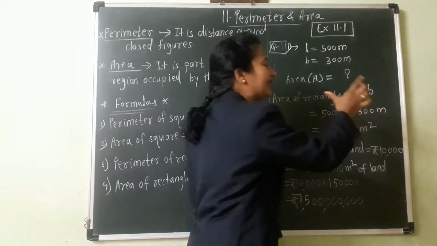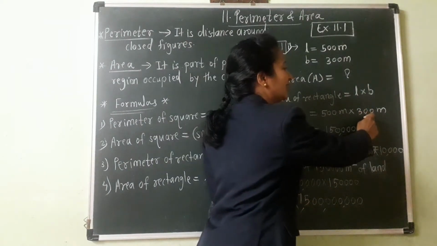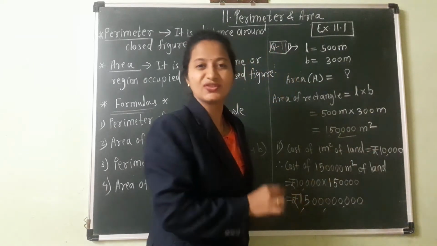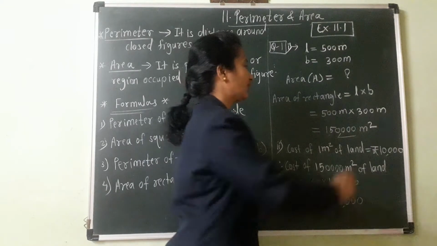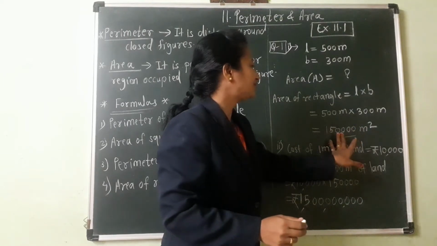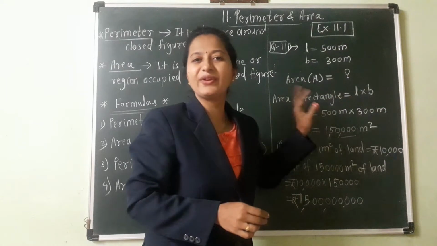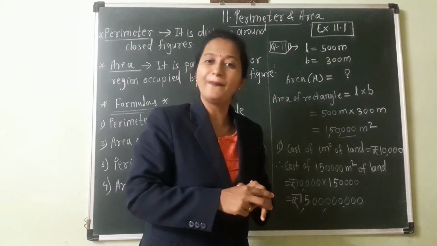When you multiply these two numbers, count the number of zeros here: 1, 2, 3, 4. So in the product you write 4 zeros, and then multiply the remaining 2 digits. 3 fives are 15. So the answer you got is 1,50,000 meter square. This is the area of that rectangular piece of land.